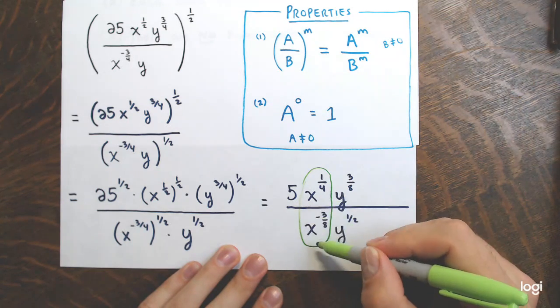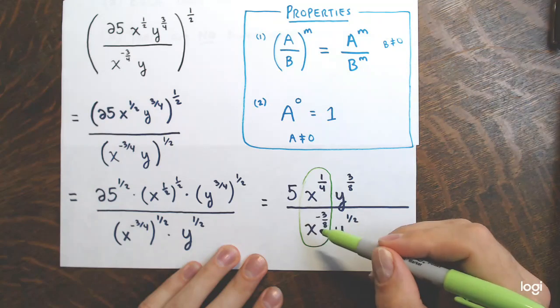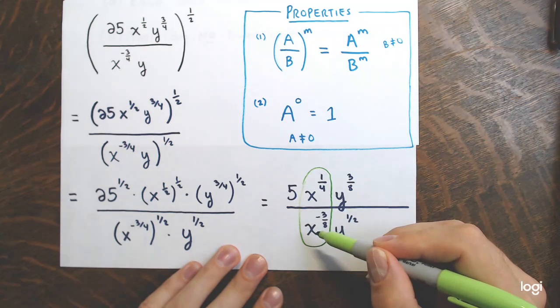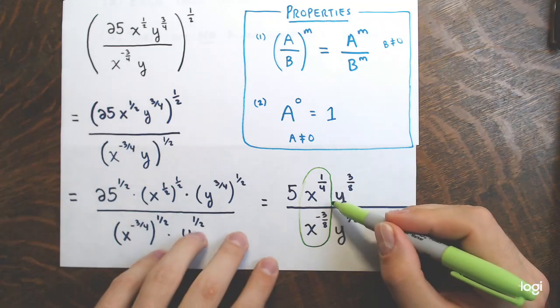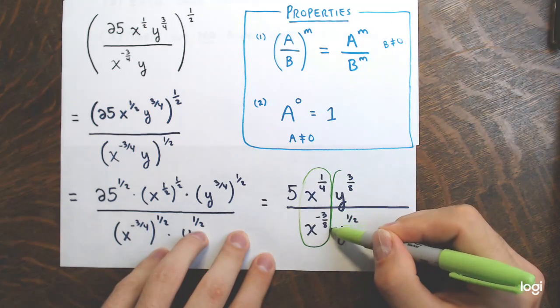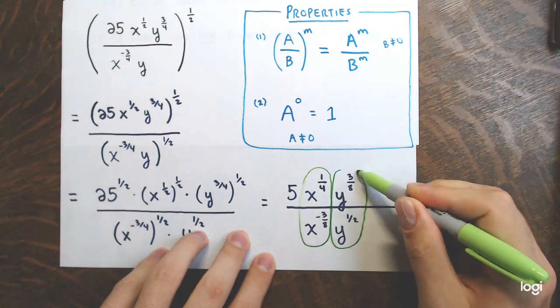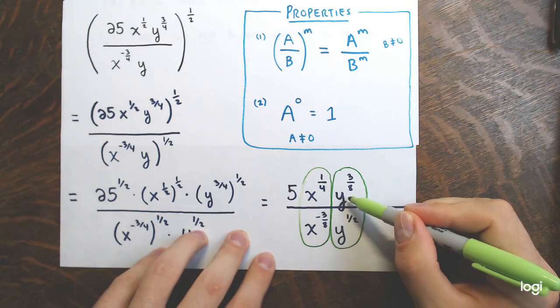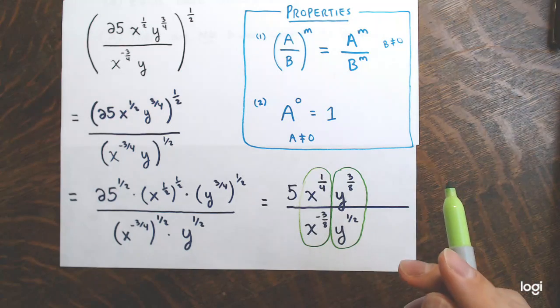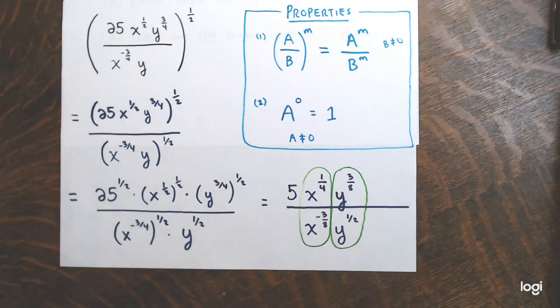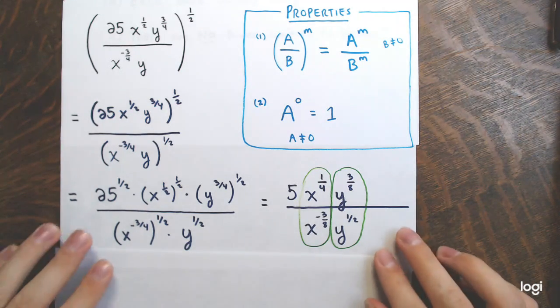And remember what happens when you have a factor in the numerator and a factor in the denominator with the same base. You keep that base and subtract the powers. I've got the same thing happening here with the y's, right? There is a factor in the numerator with a base of y, a factor in the denominator also with a base of y. So I'm going to use that division property we saw earlier.